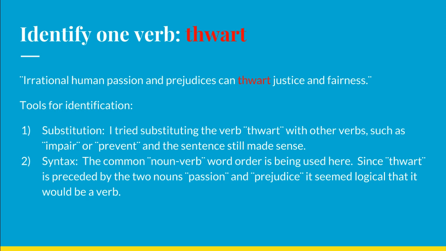I also looked at the syntax. The common noun-verb word order is being used. Since the word thwart is preceded by the two nouns passion and prejudice, it seemed logical to me that it would be a verb.